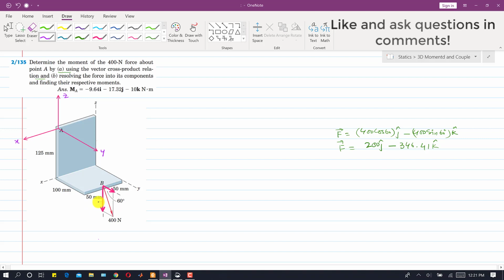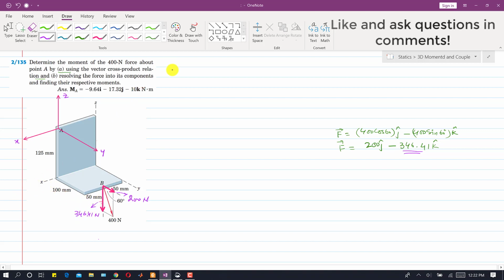So this is the component that we have resolved in the previous method. The magnitude of this is 346.41 as we have solved it here, right? So this is the vector representation of that force, and the magnitude of this is 200 newtons. So this is 200 newton and the other one is 346.41.